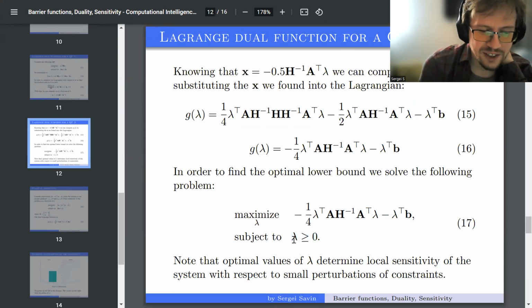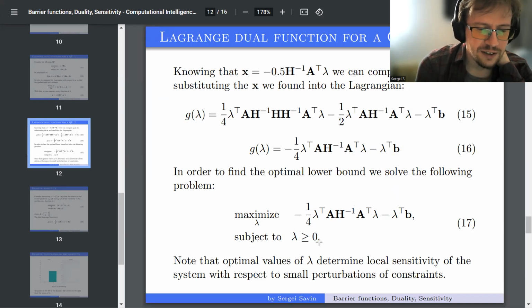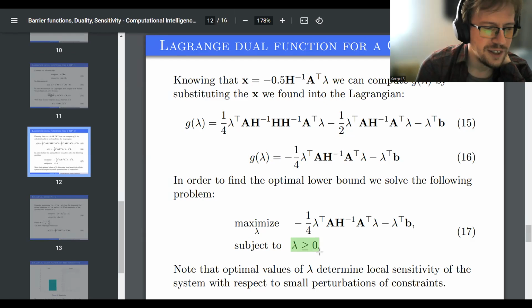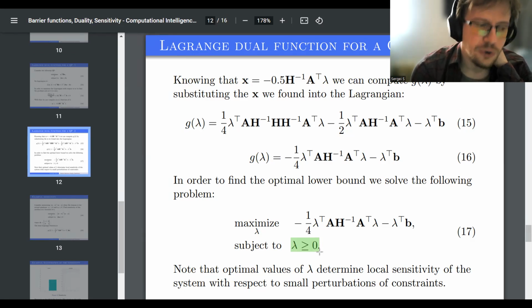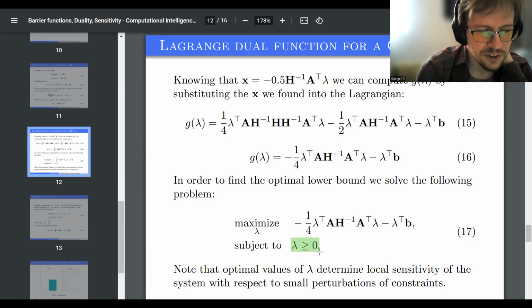This is an element-wise inequality that asks you to be positive. In literature, this would sometimes be called an R plus cone, something like this, basically saying that you are only allowed to be positive. Or you can say it is a first quadrant cone or something like this. This is a cone, a type of cone.